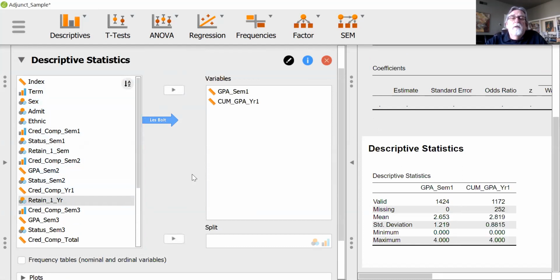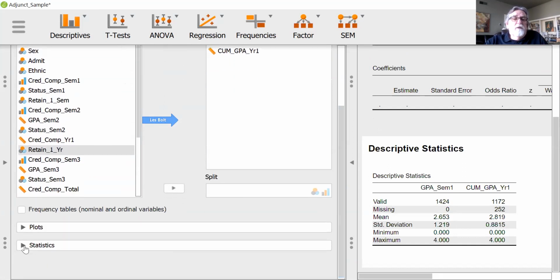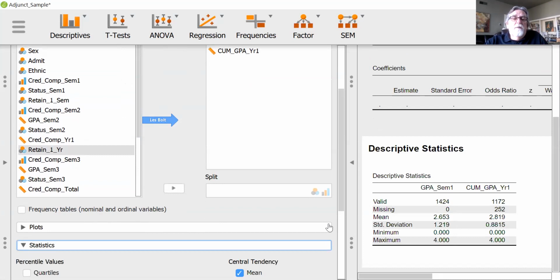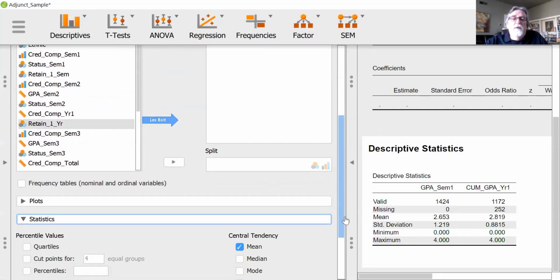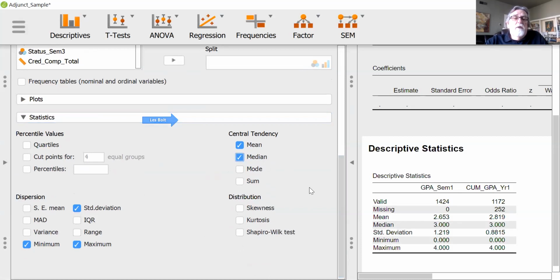Okay. In terms of statistics, we're going to accept some of the defaults, but we're going to add a couple. We're going to add the median value. We're going to take out the minimums and maximums.